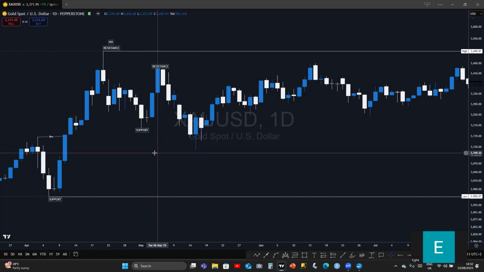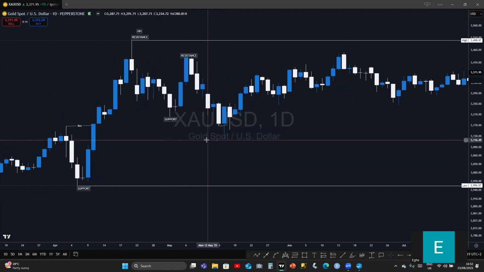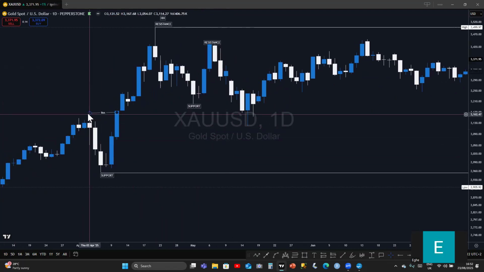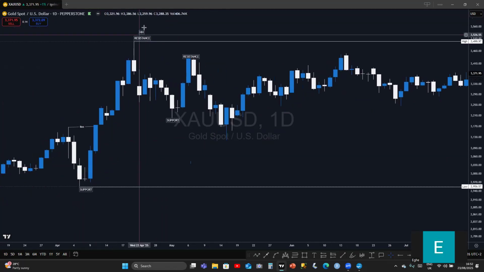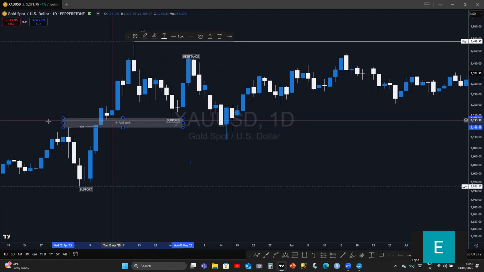When we use the word bias, we are simply saying you've been buying before. Normally, when you want to take a trade, once price breaks structure to the upside, you wait for price at the support level. This thing I've shown you before, and I'm showing you again. You wait for price at the support level.